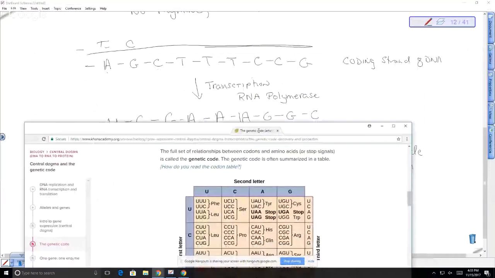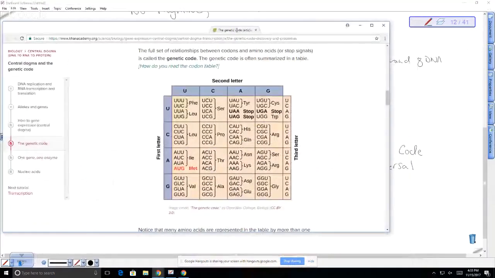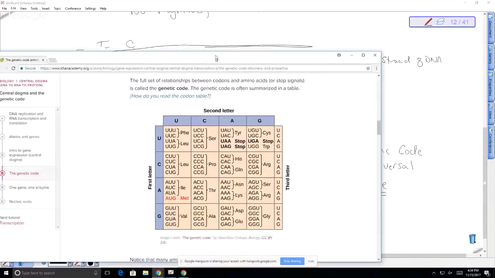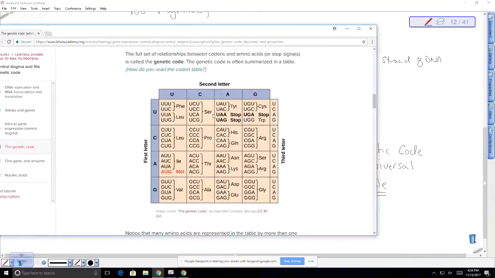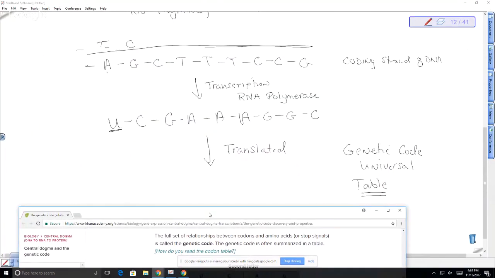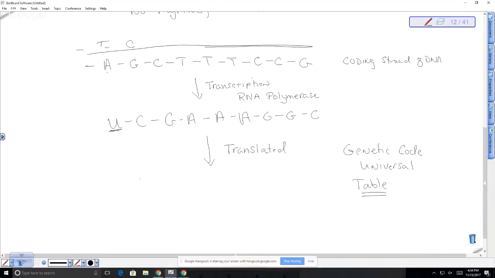So let's look at that first one, UCG. UCG, that is serine. So this would be serine. So I can write that down. UCG is serine, okay? And then I look at the table again and I find AAA. So I look at the first letter, second letter, that is lysine.